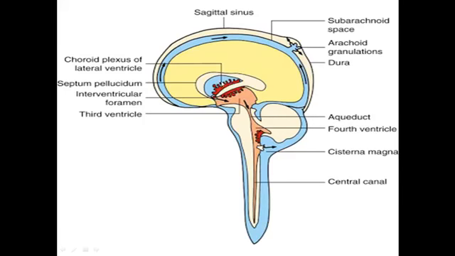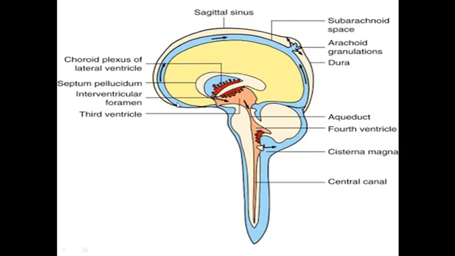CSF is synthesized here, and it will then pass from the lateral ventricle to the third ventricle through the interventricular foramen. And from the third ventricle, it will again pass into the fourth ventricle through the cerebral aqueduct.